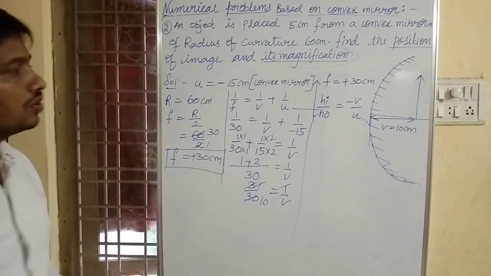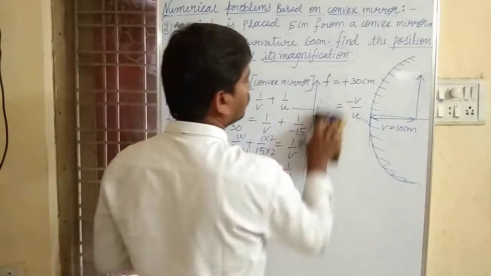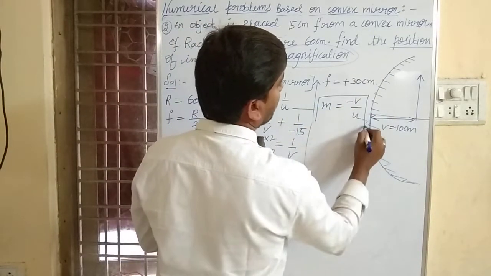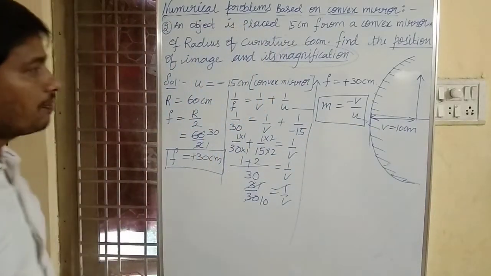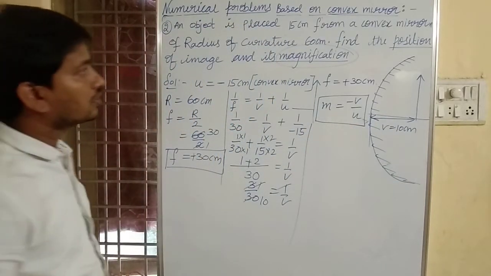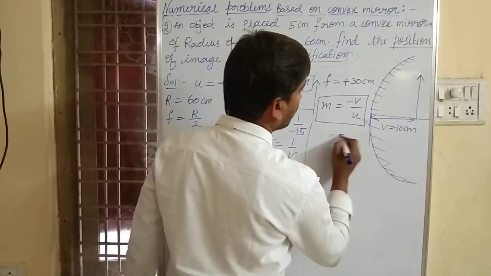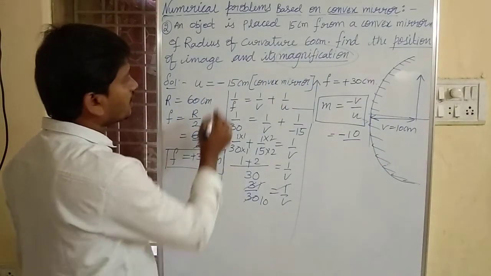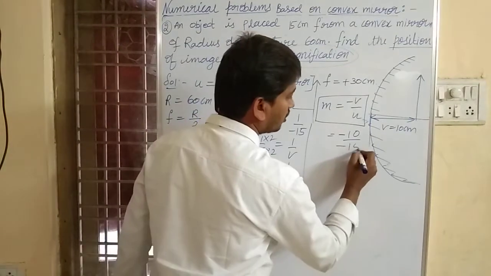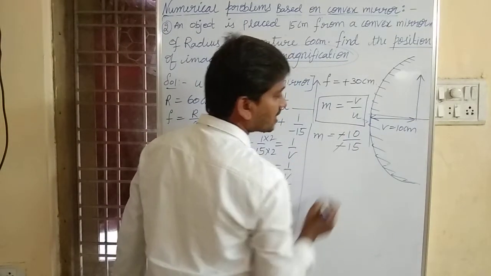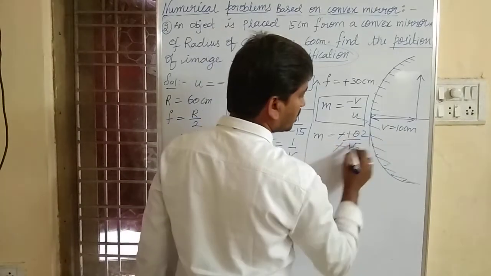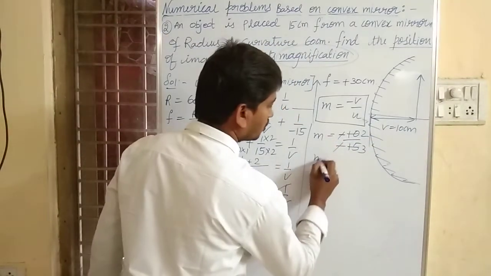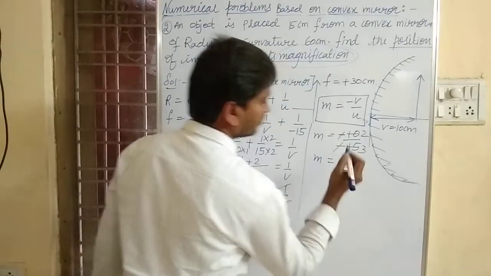But here we don't know the heights, so directly we will find m equal to minus v by u. So minus, we got the v value 10 centimeters and the u value is minus 15 centimeters. Minus minus gets cancelled. 5 2s are 10, 5 3s are 15. So m equal to 2 by 3.